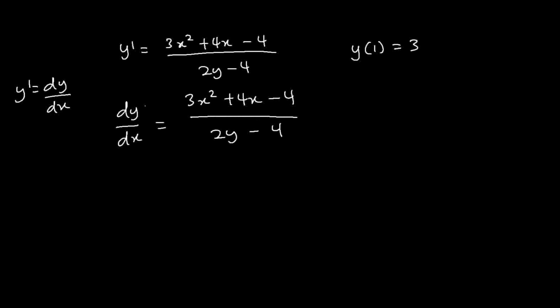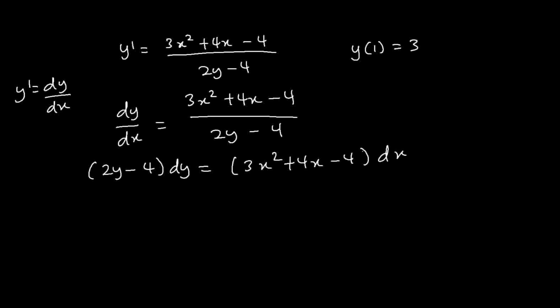You have to group the terms, right? The terms with the y variable will be on one side, and the terms with the x variable on the other side. So doing this, I'll have 2y minus 4 dy equals 3x squared plus 4x minus 4 dx. So you've done the separation of the variables.